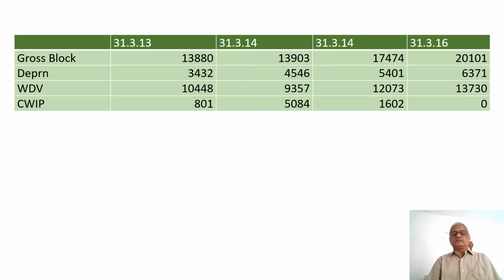Then the net value or book value is the difference between these two. And the capital work in progress is 8.01, increased to 50.84, reduced to 16.02, and then has become 0. Capital work in progress is an incomplete capital asset. It is undergoing the process of completion, but not completed. We will see that later.